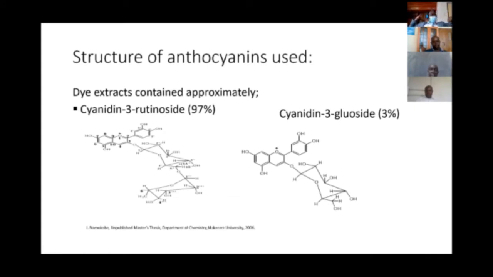In a previous work by Namukove in 2006, she analyzed exactly the same flowers, and she was able to isolate two types of anthocyanins: cyanidin-3 rutinoside and cyanidin-3 glucoside, at 3% and 97% respectively.